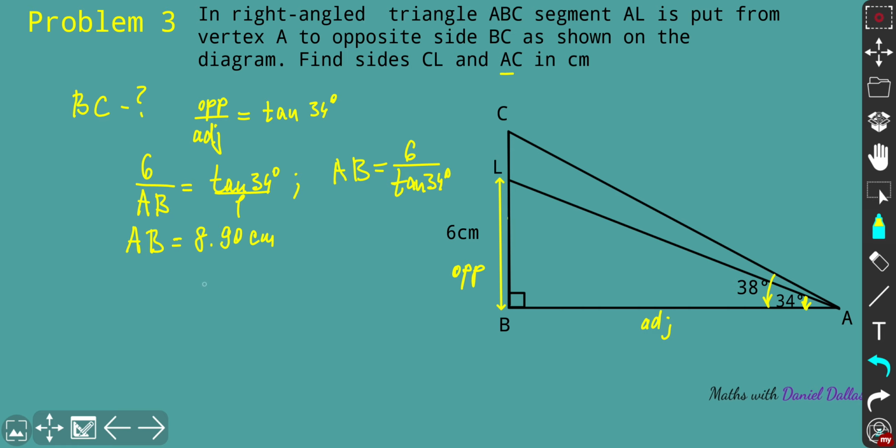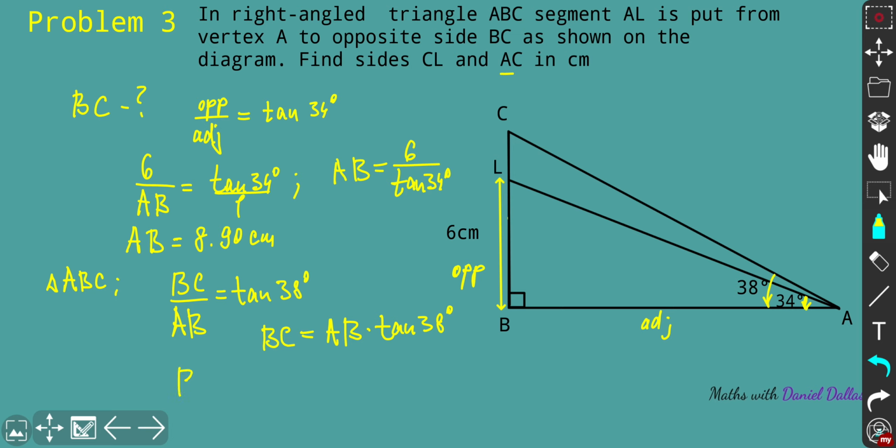So once we found AB side, we can work out the side BC. Alright, so let's do that. From the big triangle, which is ABC, using triangle ABC, we'll express BC side as, again, opposite side to adjacent. So BC to AB will form tangent of 38 degrees. We don't know AB, so we don't know BC. It's the right time to find that. So BC is AB, which we recently found, times tan 38 degrees.